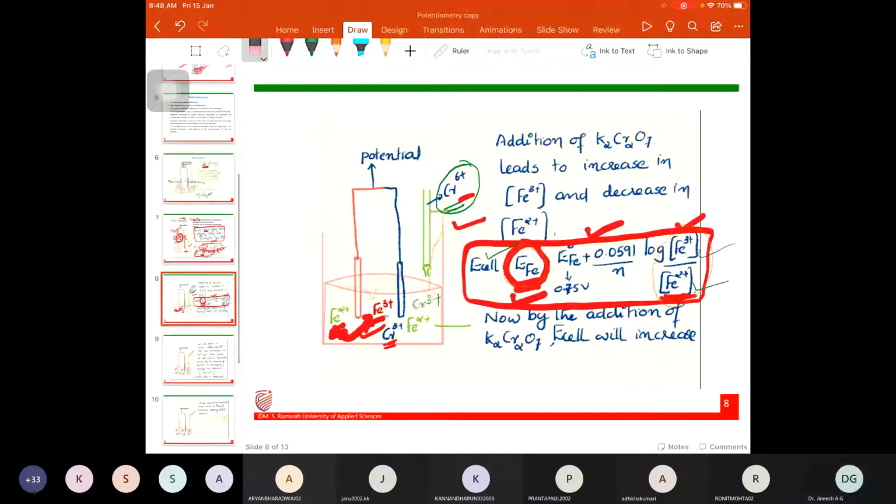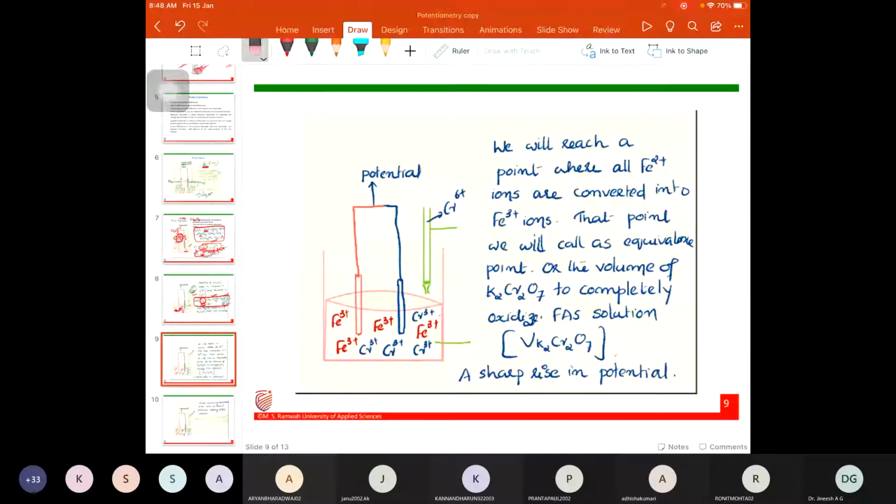Now, at that situation, it will be like this. Am I right? All Fe2+ ions are now Fe3+.